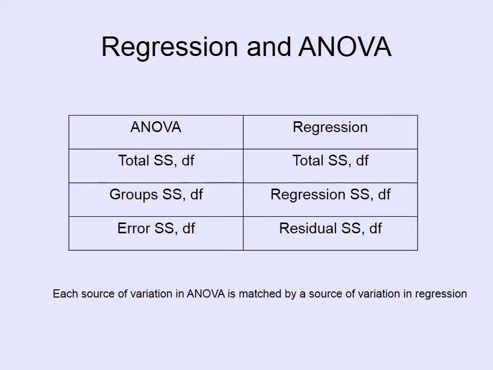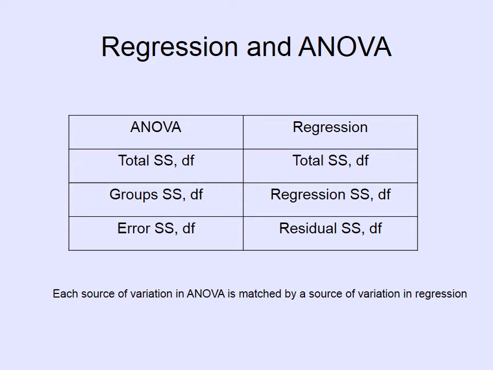Okay, so let's also look at regression and ANOVA. In ANOVA we had total sum of squares and its associated degrees of freedom, the group sum of squares and its associated degrees of freedom, and the error sum of squares and its degrees of freedom. Remember, the error sum of squares was that unexplained random variation, and that's going to be true in regression as the residual sum of squares.